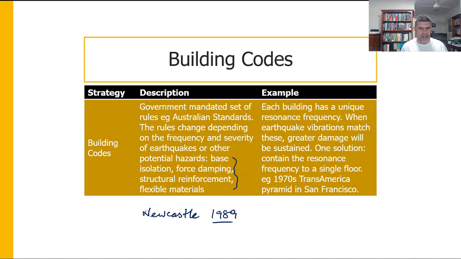Think of it as, I guess, a suspension system for a building that's able to sort of rock and roll on its own and take some of that stress and that strain before it gets translated through to the other parts of the building. Structural reinforcement and flexible materials that are able to bend and sway.